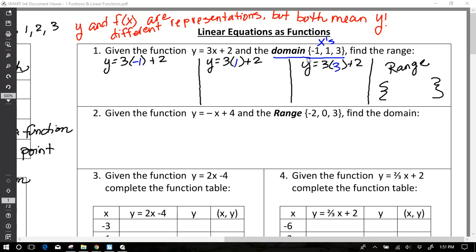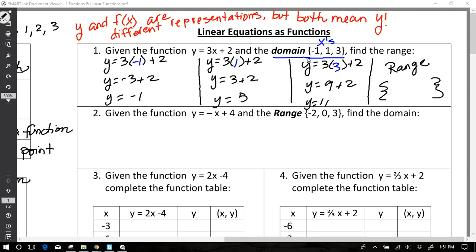And once those are put in there, now I'm ready to simplify. I'm just doing simple multiplication, and then I'm adding. So 3 times 3 is 9, and then 9 plus 2 is 11. So here are my range values.